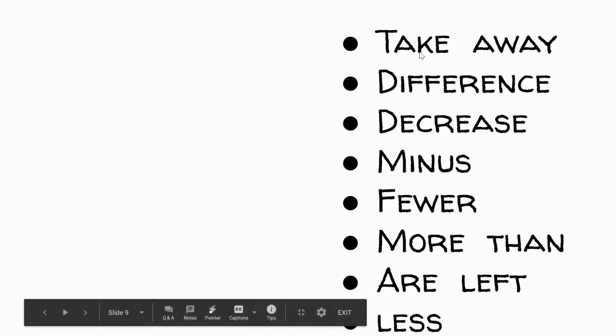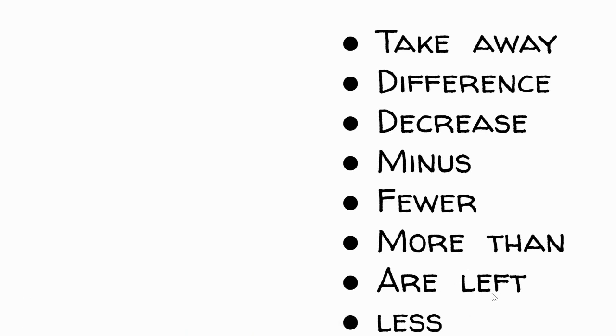All of these might be words that can help you understand, when you're reading or listening to a problem, whether it is an addition, subtraction, or multiplication problem. So in this case, they are subtraction. Remember that when we solve word problems, we try to use the CUBES strategy.